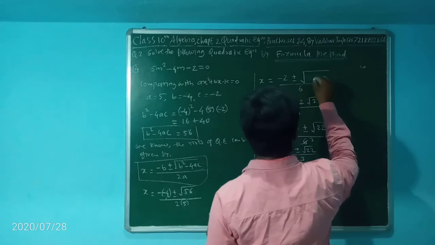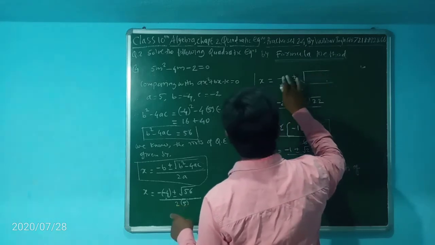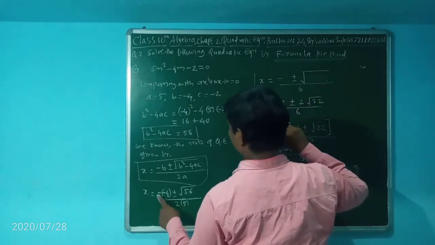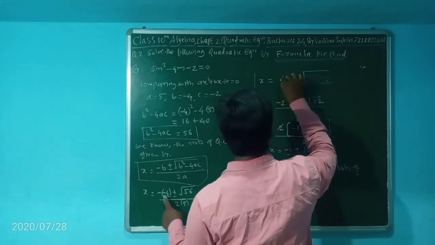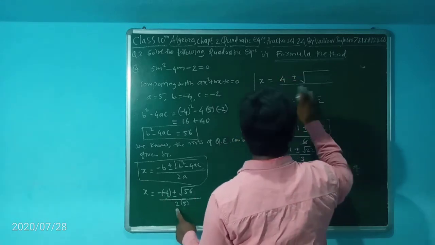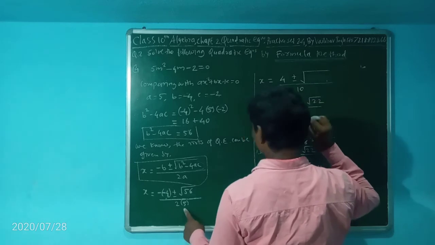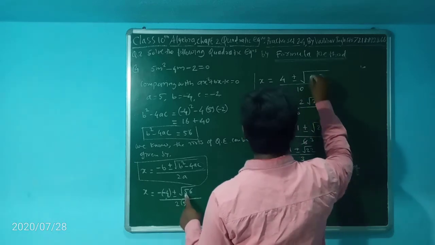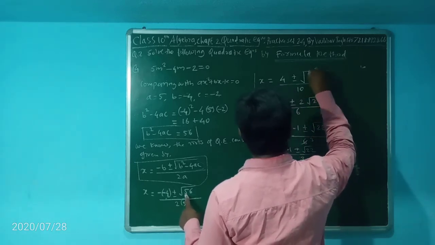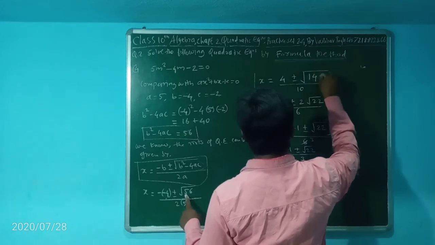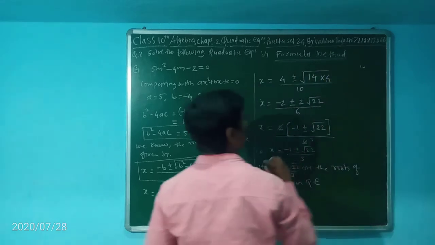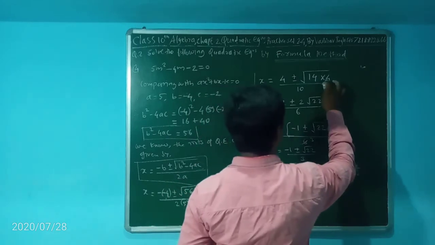I will write first here minus into minus, it will be plus 4, and then here 2 into 5, that is 10. Now square root of 56 can be written as 14 into 4. Okay, right, 14 4s are 56.